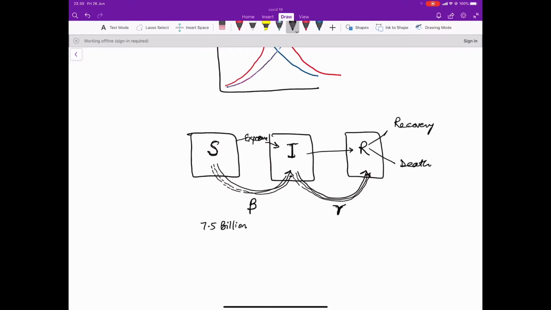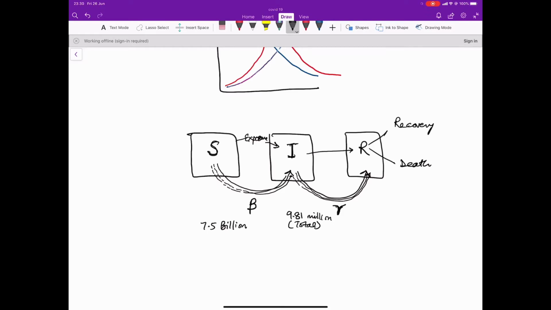Now, as of today, that is the 25th of June 2020, a total of 9.8 million people have been affected so far. It doesn't mean that at the moment there are 9.8 million people. This is the number of people who have been infected right from the beginning of this pandemic. So these have been the total number of cases.